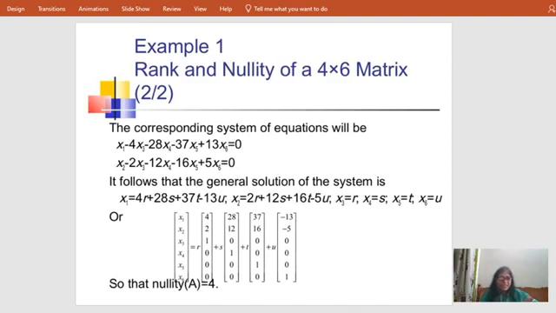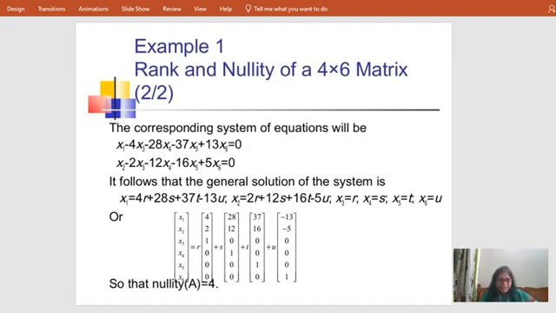We are treating x3 as r, x4 as s, x5 as t and x6 as u. With these substitutions, from the two equations, we get x1 as 4r plus 28s plus 37t minus 13u.